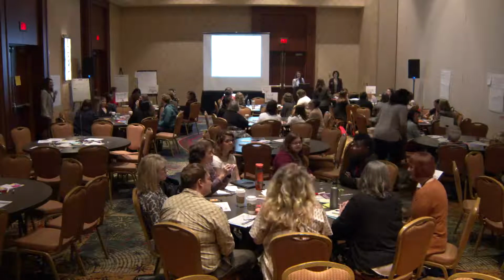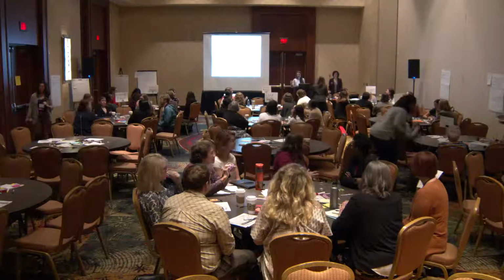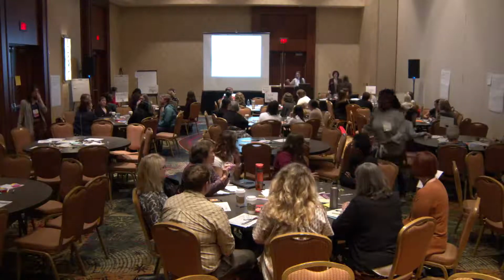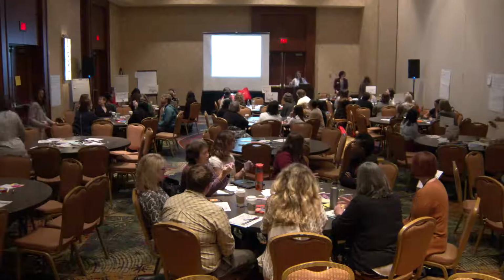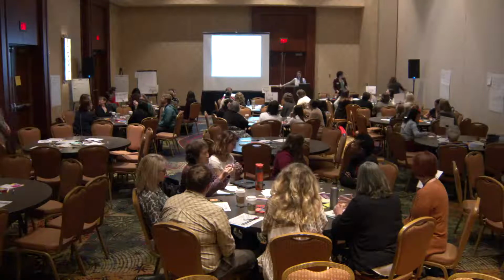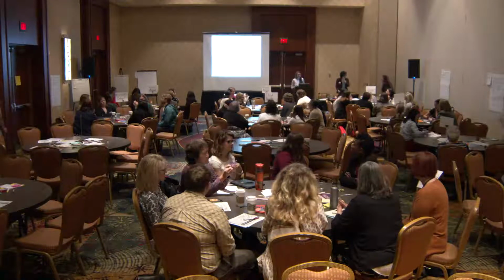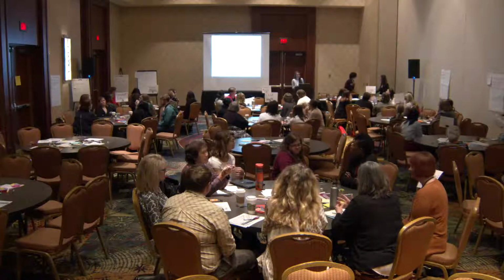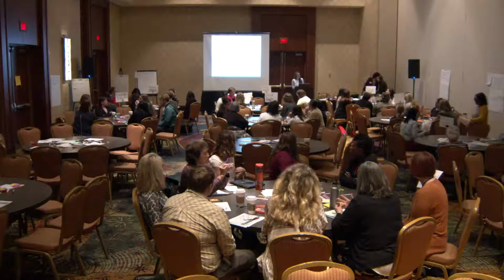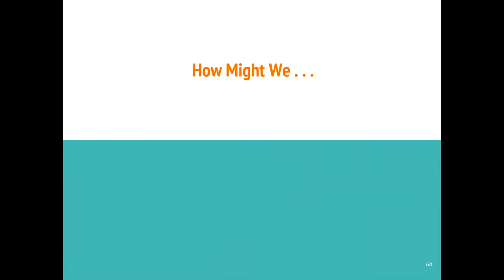Okay, so for those tables at least that have multiple groups, just make sure that you have your own wall space here in a minute so that your groups don't get confused. Okay. Moving on to the next activity then, I'm going to introduce you to not necessarily a new concept, but maybe a new approach for brainstorming.